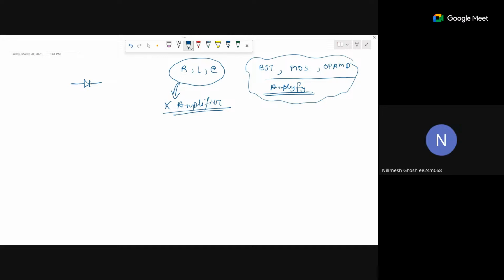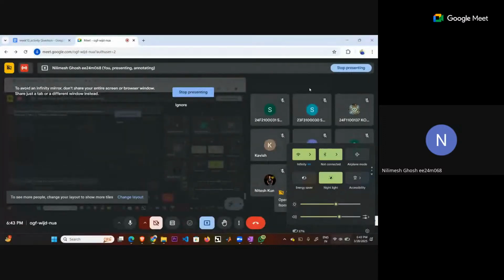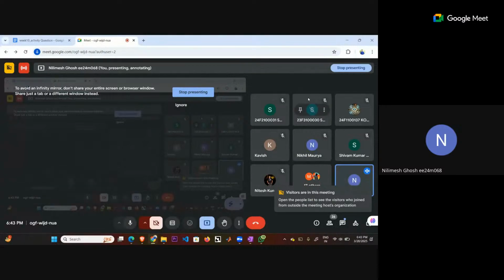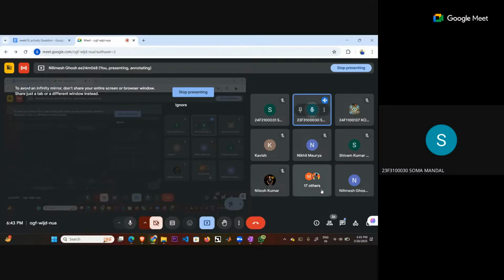First of all, this R, L, and C. First, tell me, does anyone know this? Why is it happening? Hello? Am I audio and video clear? Yes, it is audible now, but the screen is not visible.